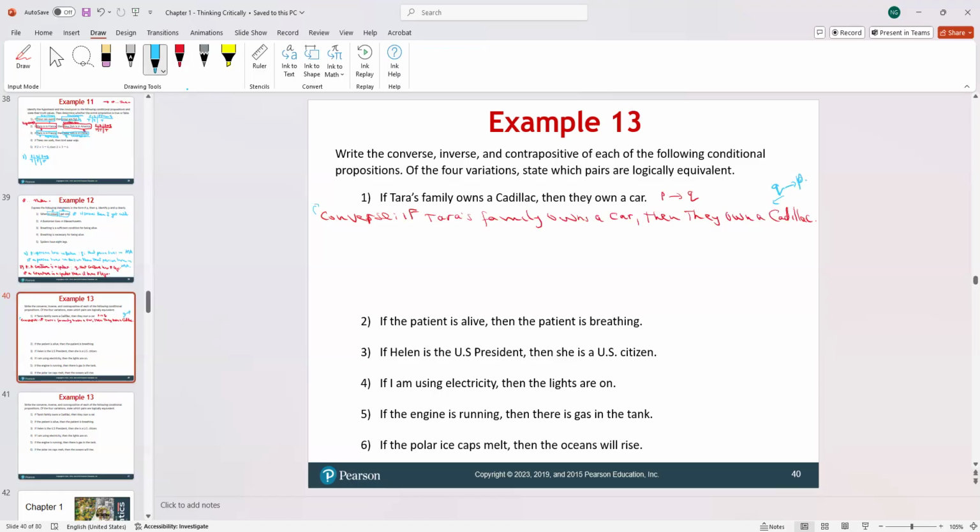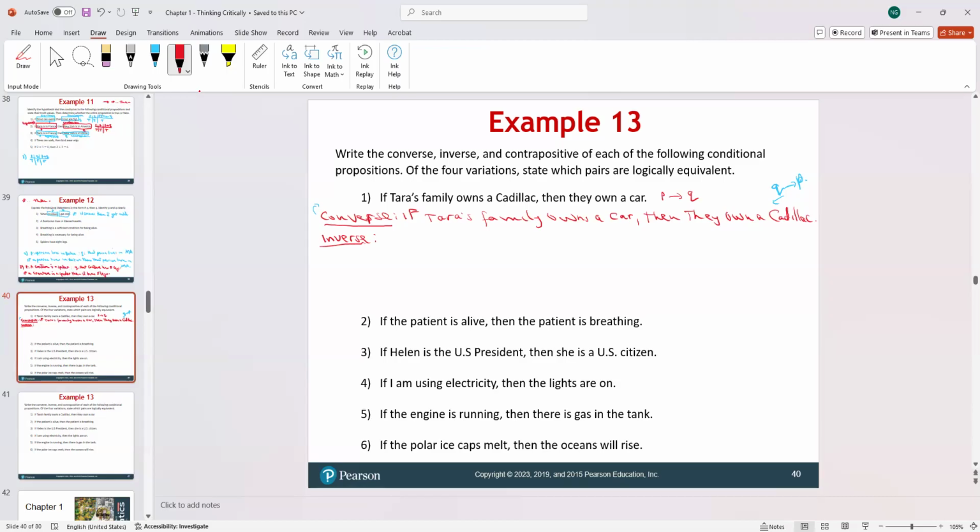Now they want us to do also the inverse. Inverse, remember, is all about negations. You need to negate, right? Because the first one is positive: if Tara's family owns a Cadillac, then they own a car. So the inverse is if not P, then not Q, right? That's what we said about the inverse.